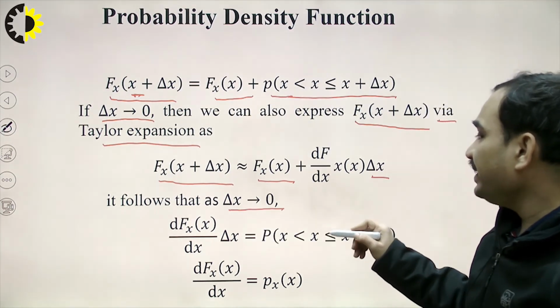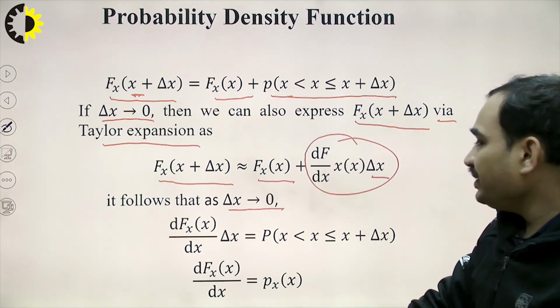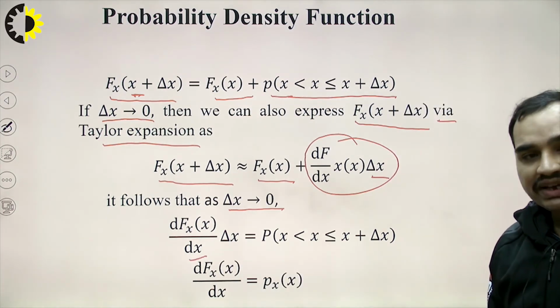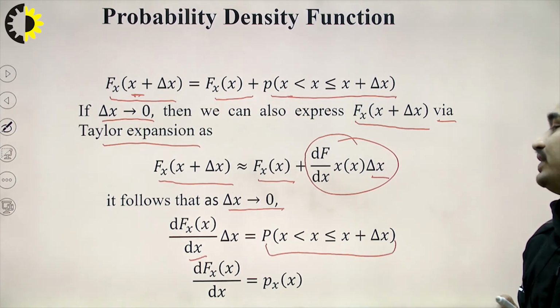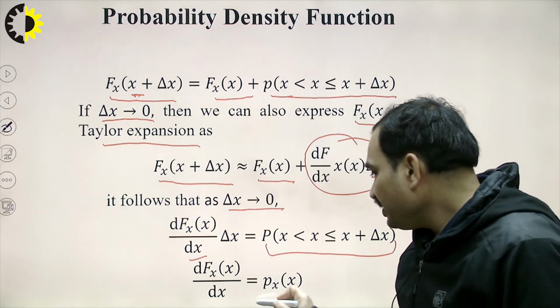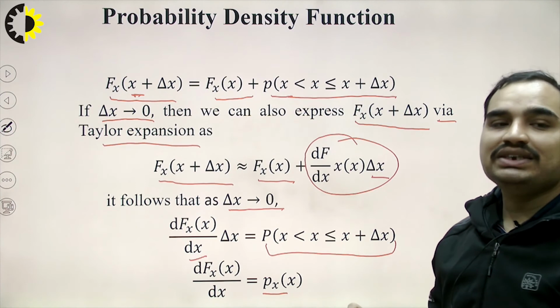So what can we write here? We can write d by dx of f of x equals the probability that x lies between x and x plus del x, which we know is nothing but the probability density function.